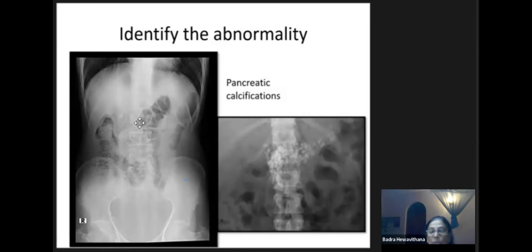Usually even with this one, because of the bowel gas, you don't see it clearly. So you can't miss pancreatic calcification. Sometimes you may see only one or two. If you're lucky, you will see it like this. But remember, if you see anything very close to the spine at the level of L1, L2, you have to be aware of pancreatic calcification, especially in the head of the pancreas.